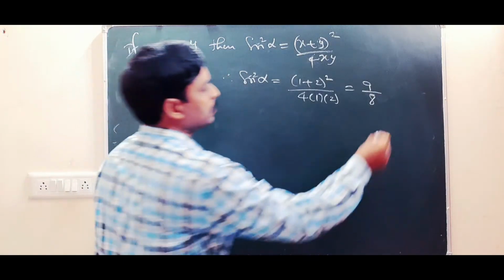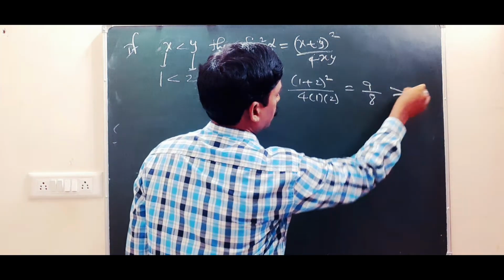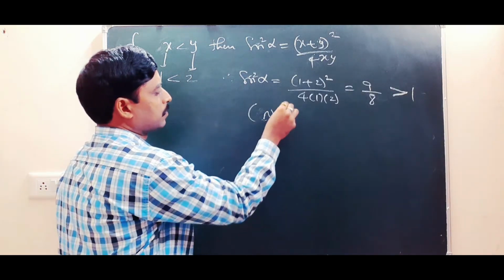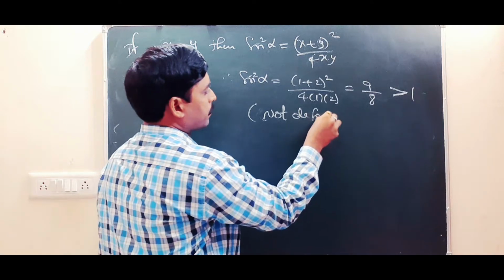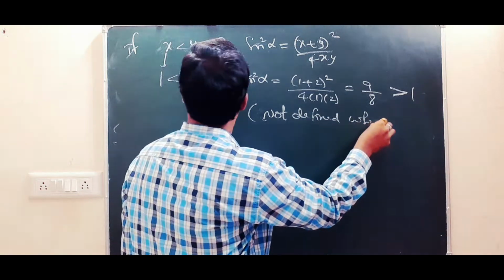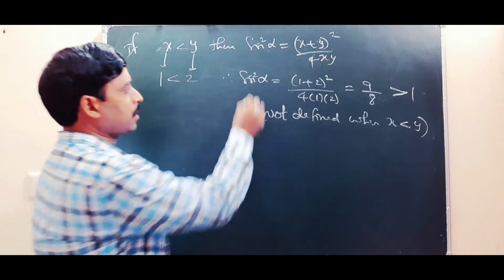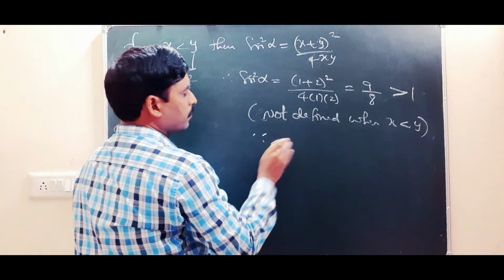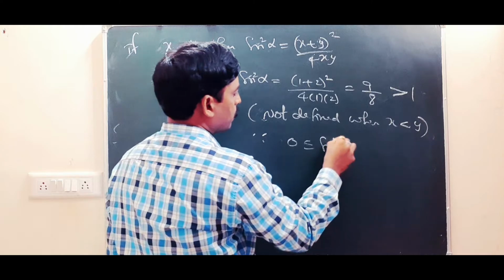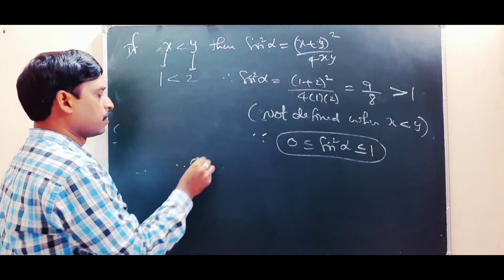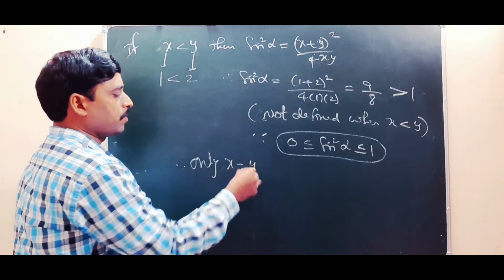That is 1 point something, greater than 1. This is not possible, not defined, when x is less than y, because sin square alpha lies between 0 and 1. So only x is equal to y is possible.